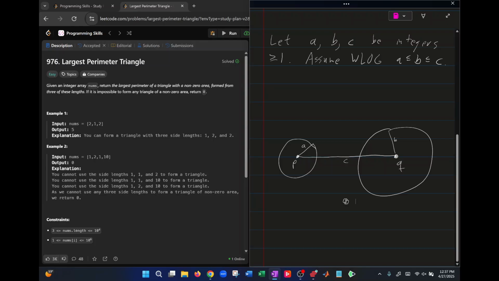If A plus B is strictly less than C, then we end up with this scenario, where because A plus B is strictly less than C, there's no point on this line segment that has distance at most A from P and distance at most B from point Q.